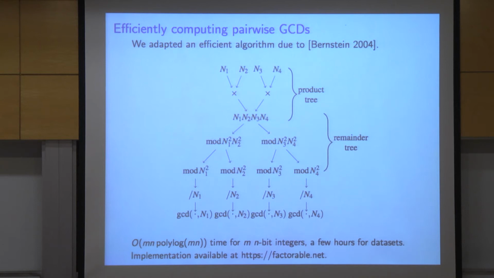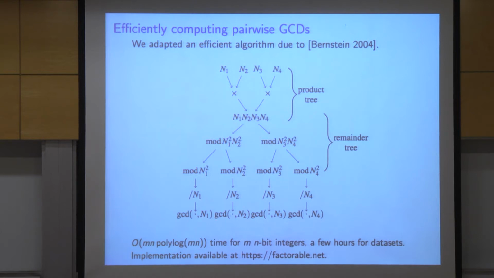It turns out that there's a much more efficient way to do this calculation, which we did by adapting an efficient algorithm due to Dan Bernstein. This is a picture of the way the algorithm works. It has a couple of stages. You start with all of your RSA moduli, n1, n2, n3, n4, and so on. Then you compute the product of all of these moduli in a binary tree.